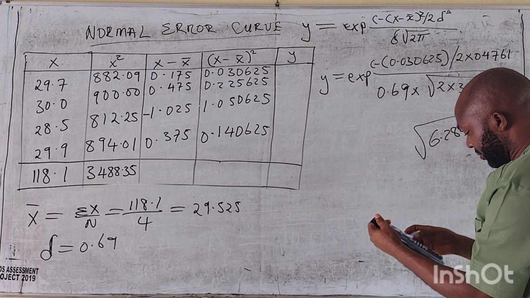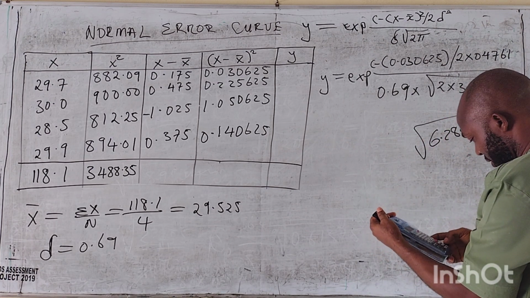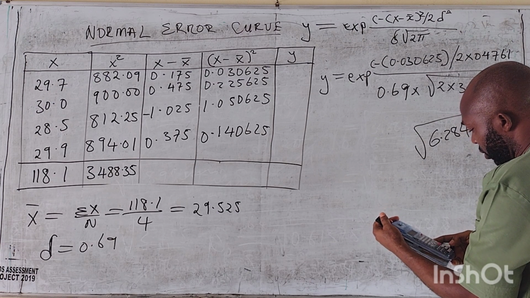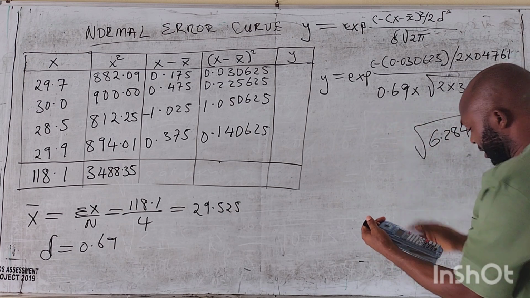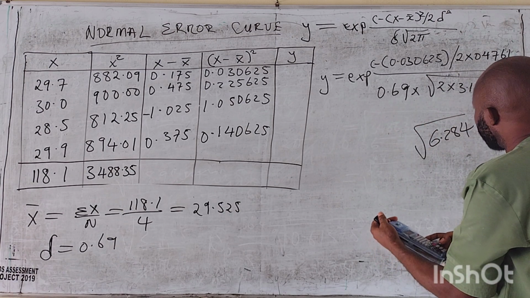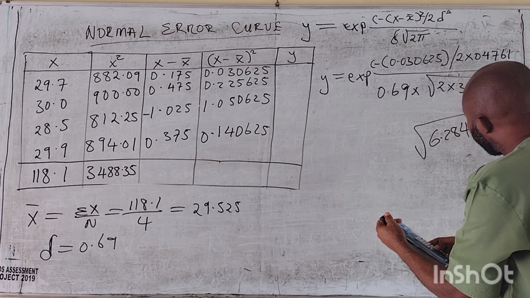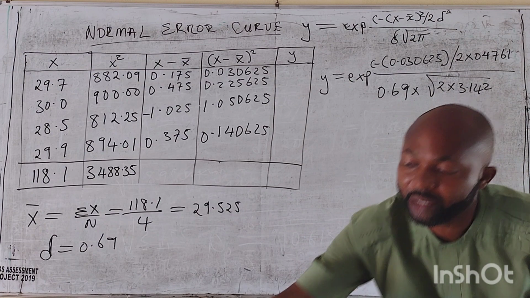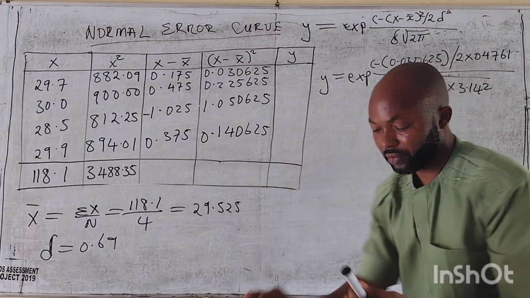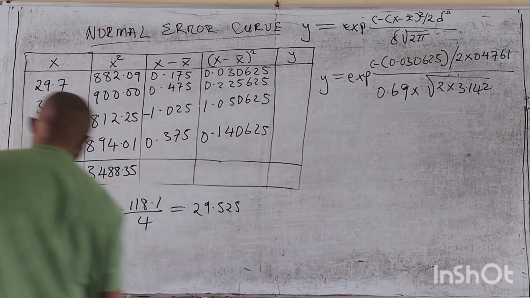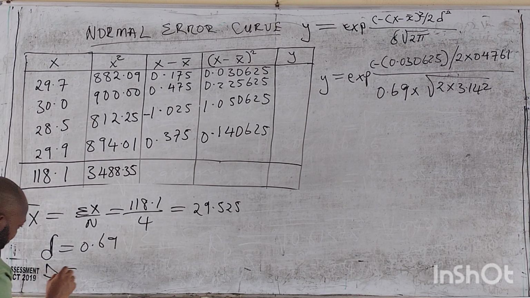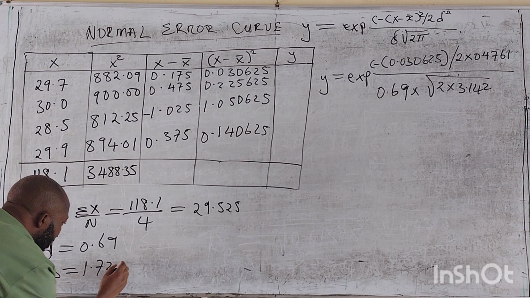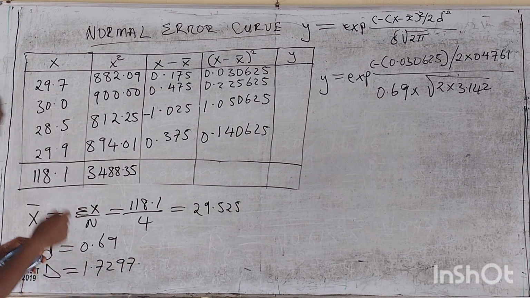Now if I root that, the root of 6.284 will give me 2 point something, times 0.69. The downside of the equation, let me call it capital D, is now 1.7297 to four decimal places.